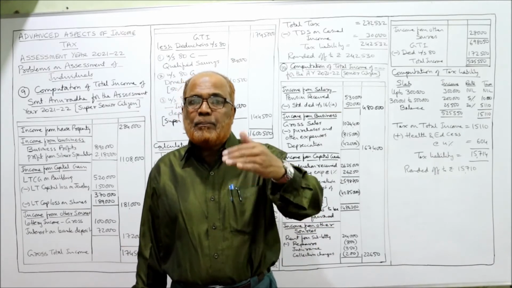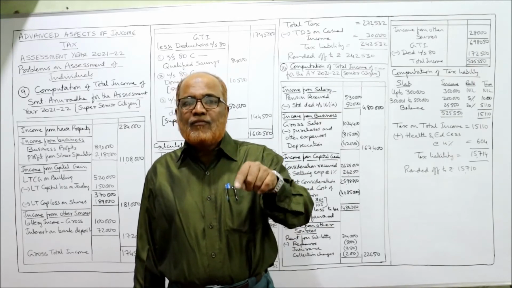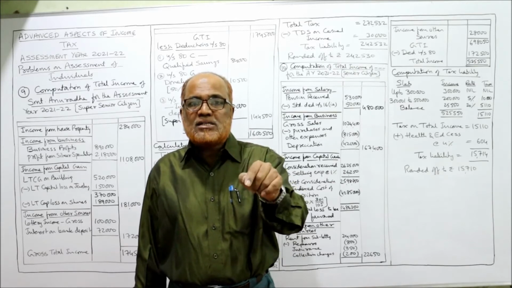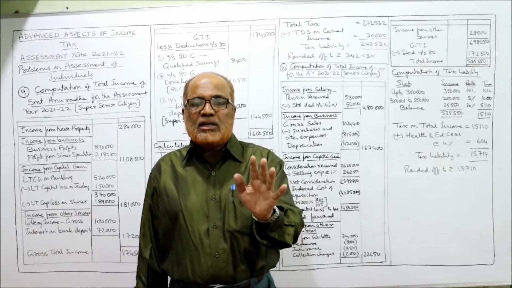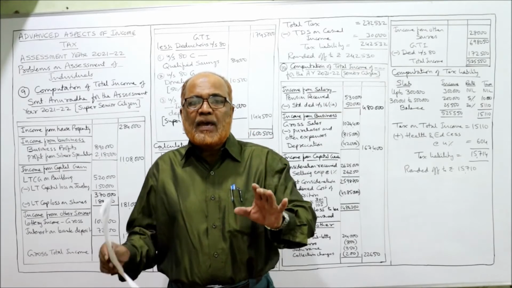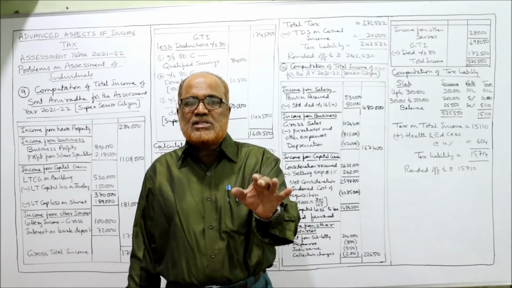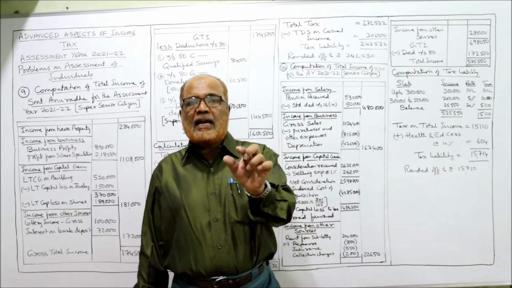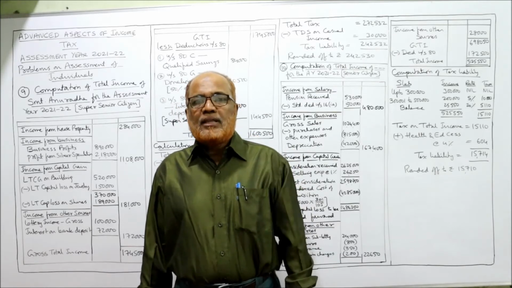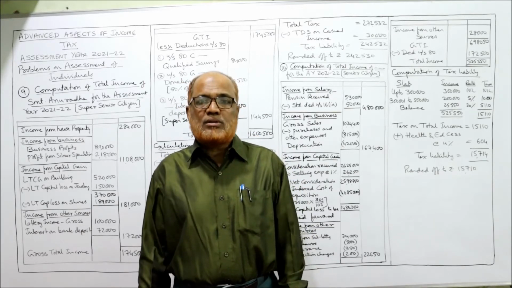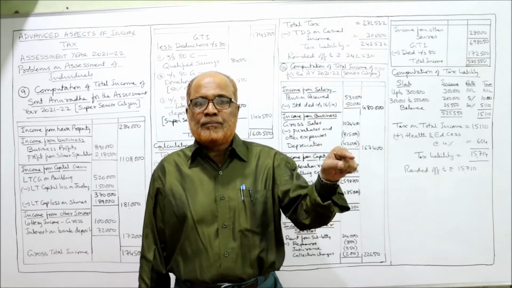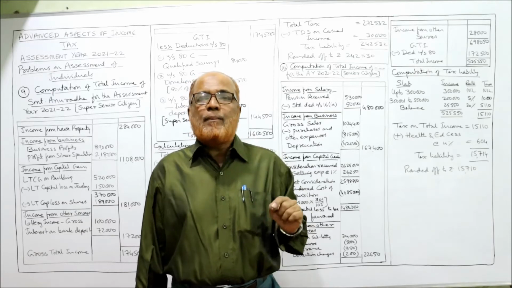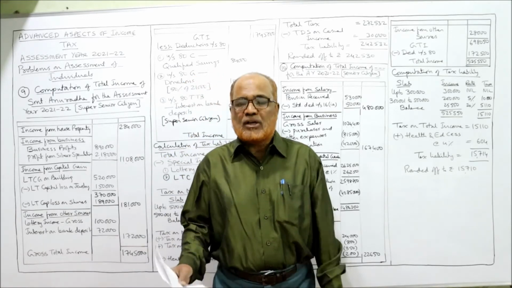But 80TTB is applicable for senior citizens and super senior citizens for bank interest on any type of deposit. Not necessarily only saving bank deposit; for interest received on any deposit, deduction will be allowed under section 80TTB. The maximum deduction is 50,000. In 80TTA, the maximum deduction was 10,000, but for 80TTB, the maximum deduction is 50,000.